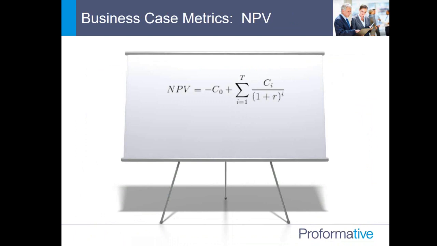But at any rate, this is taking a look at the cash flows, and you've got your initial cash outlay, that's your investment, and then you're taking a look at the incremental cash that is either gained or lost through time and discounting it at the hurdle rate that we mentioned earlier over a given period of time. And that's what this is showing, that summation.